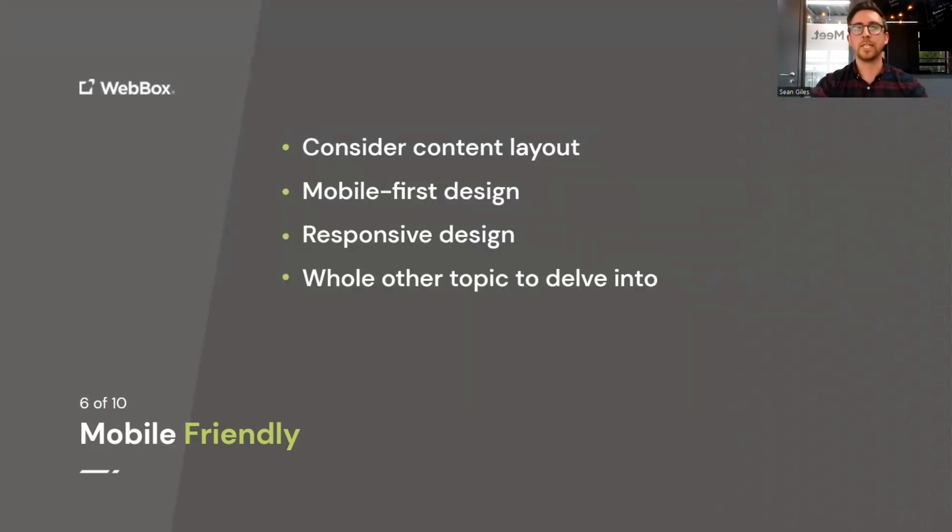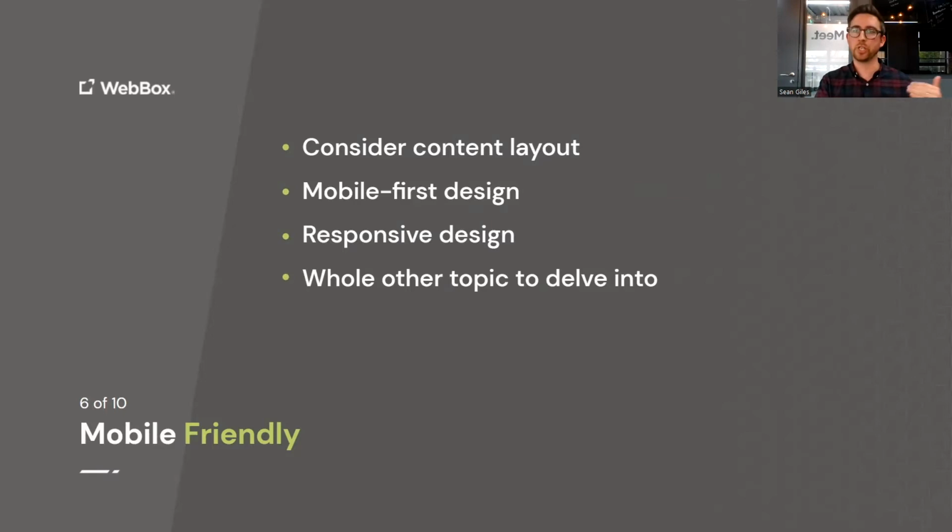So consider content layout. What I mean here is that a lot of websites today will be responsive, and essentially what happens is that the desktop version will be designed, and the mobile version is almost an afterthought, where it's just a squished down version of the desktop site. A lot of the times that can be fine, but it's thinking about things like, if you've got header banners or big images, do you necessarily need them on the mobile site?